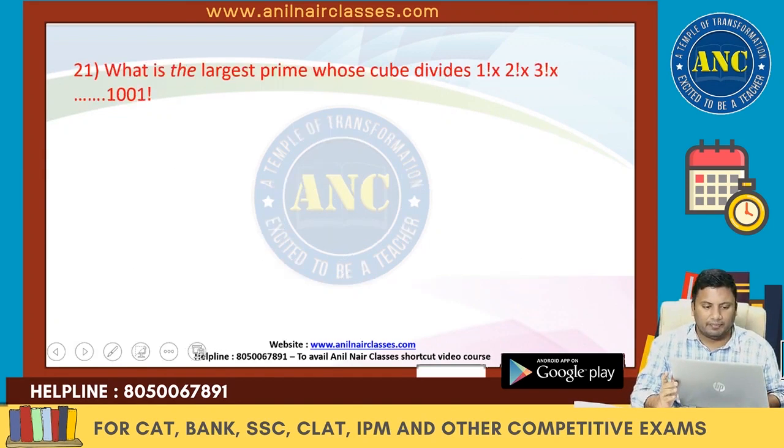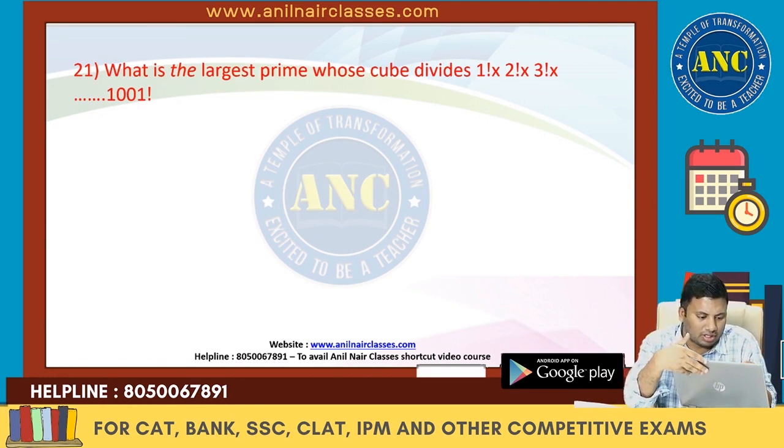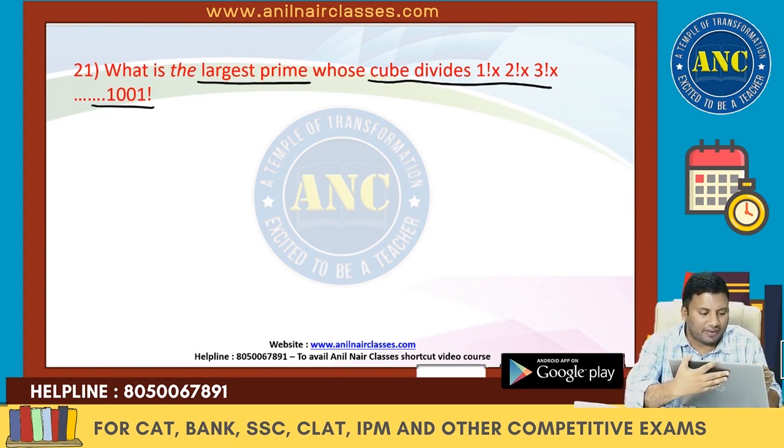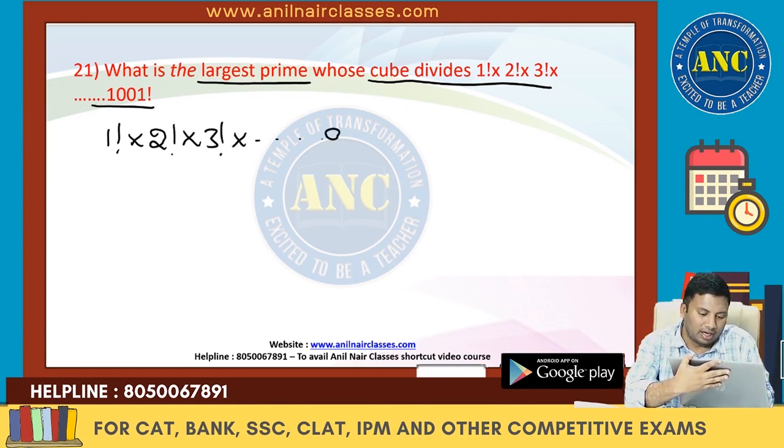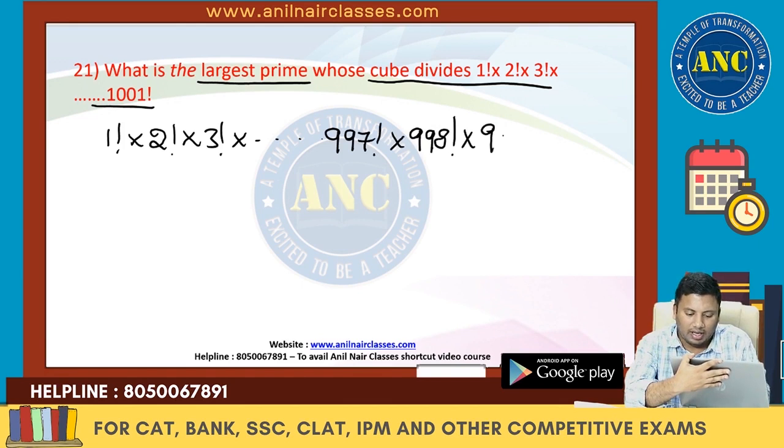19th and 20th done. Now see here. 21st, another good question. What is the largest prime number whose cube divides 1001 factorial, 1 factorial into 2 factorial into 3 factorial and so on up to 997 factorial, 998 factorial, 999 factorial, 1000 factorial and 1001 factorial?